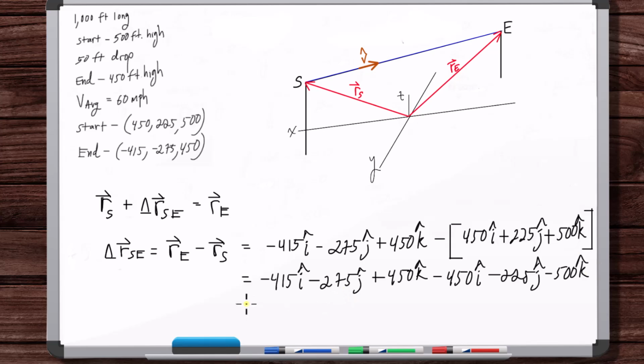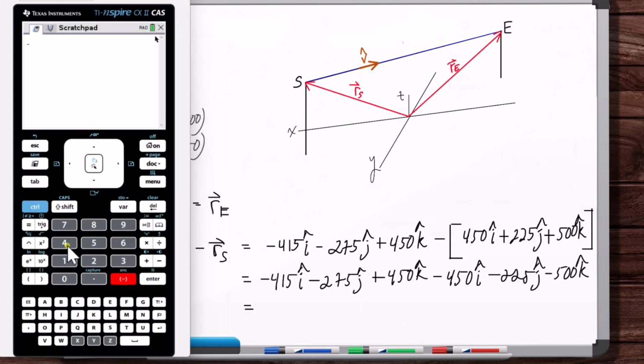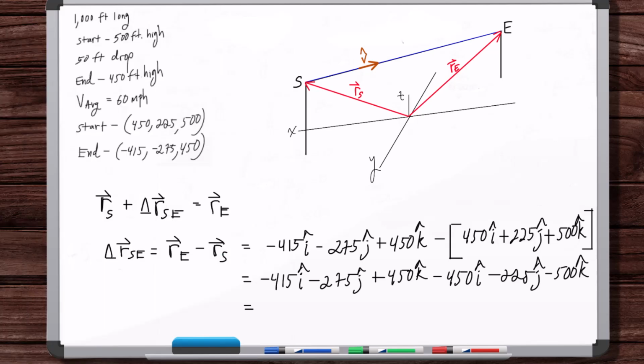Combining like terms, we've got minus 415 minus 450, minus 865.